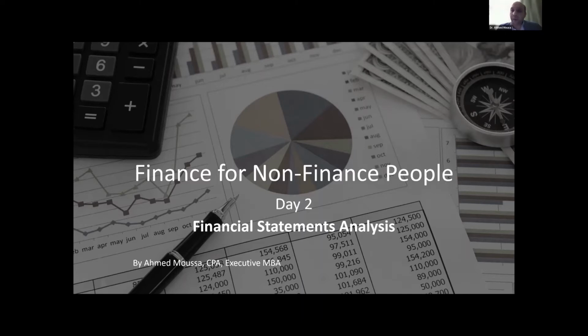Shall I distribute it to the owner, or shall I keep the profit? So the statement of retained earnings shows for you the income that you retain, how much you pay out to the owner, and how much you keep in the organization.